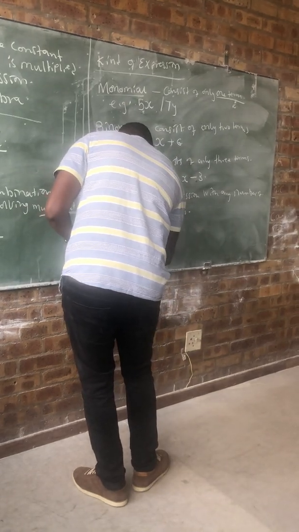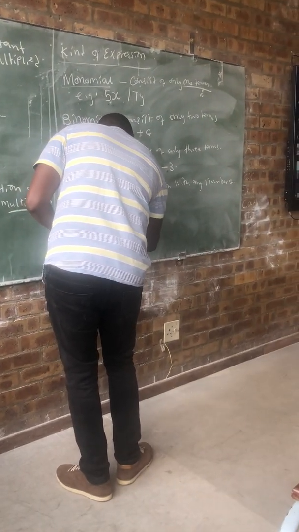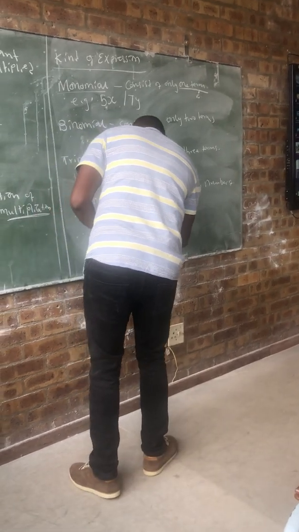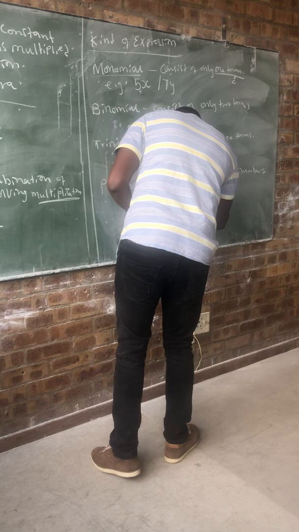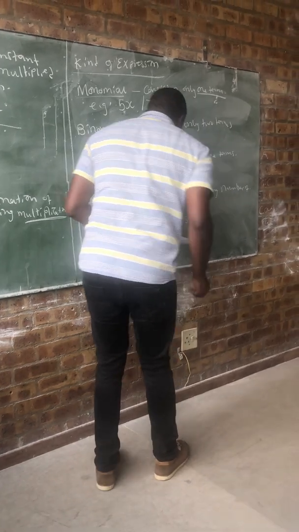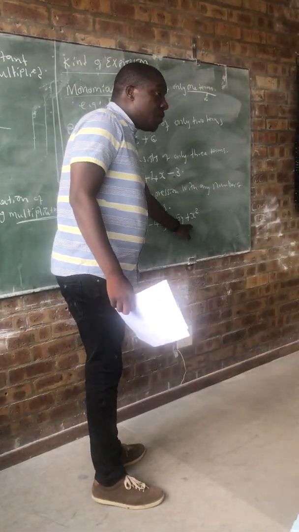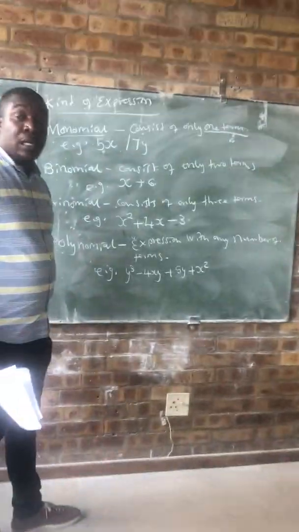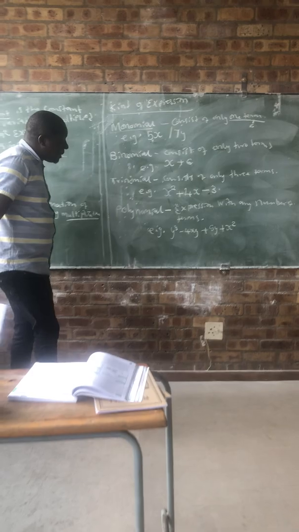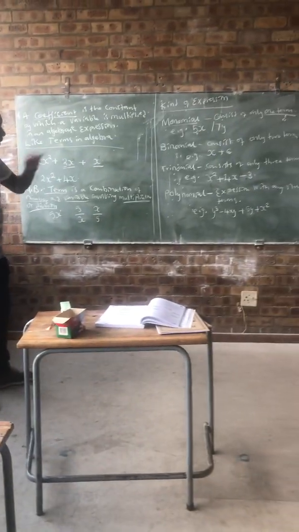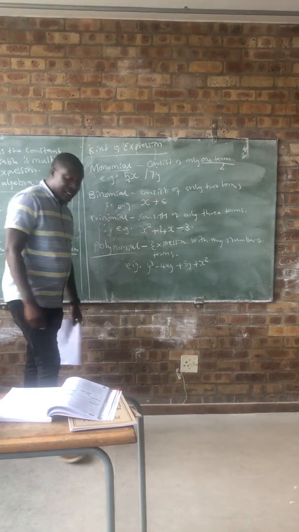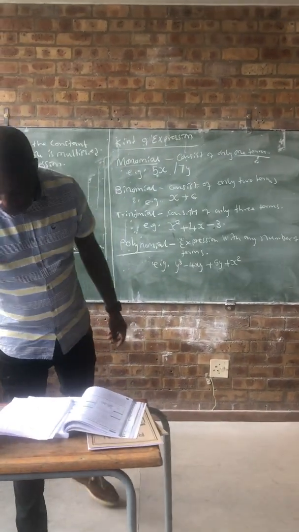For example, y to the power 3, subtract 4x, add 5y plus x squared. You can see that it's not only one letter. There is a y letter, there is also an x letter. That indicates many terms, and when it is many terms, we refer to them as polynomials.